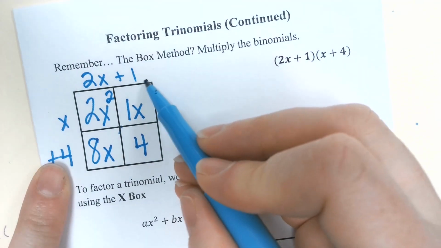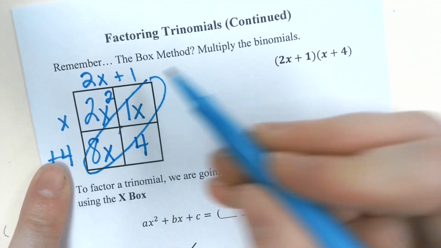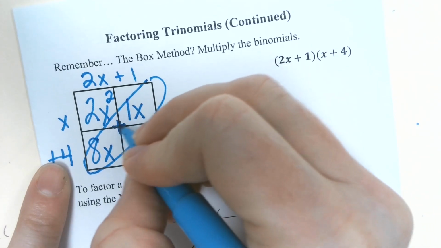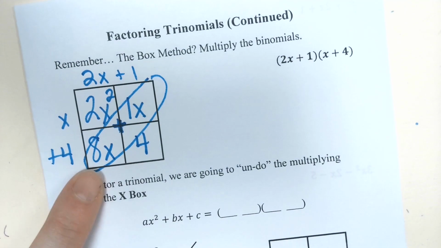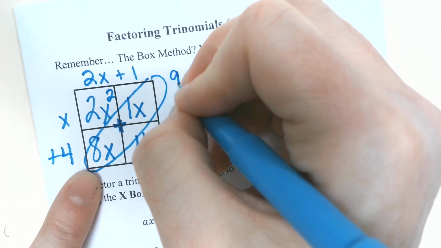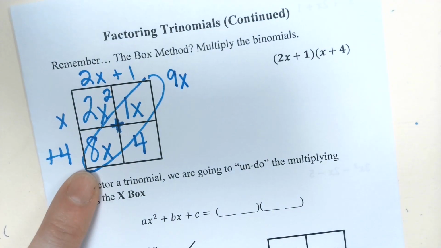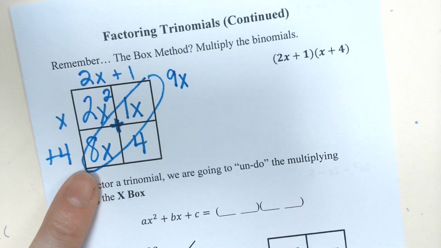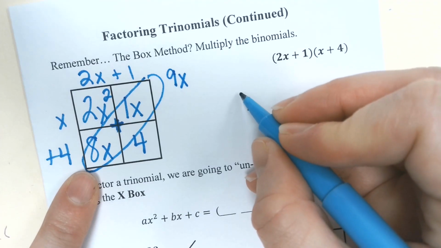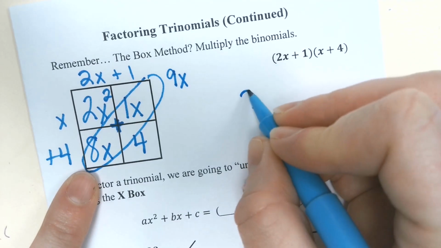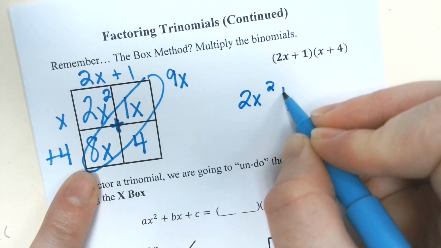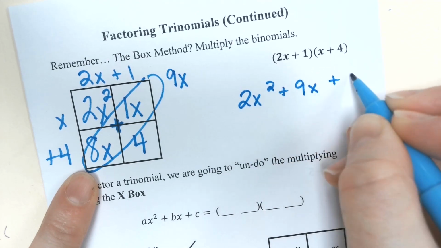Then whenever we write our final solution, we do make sure to add those. 8x and 1x make 9x. So we write our final multiplied version of this factored form like this. 2x squared plus 9x plus 4.